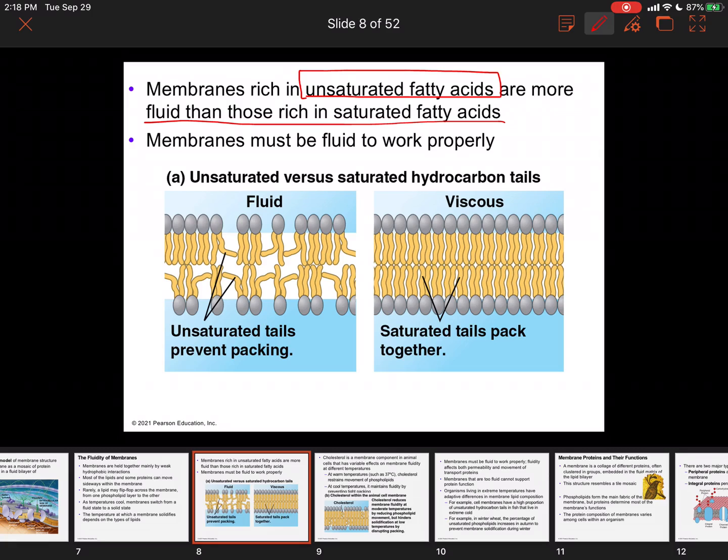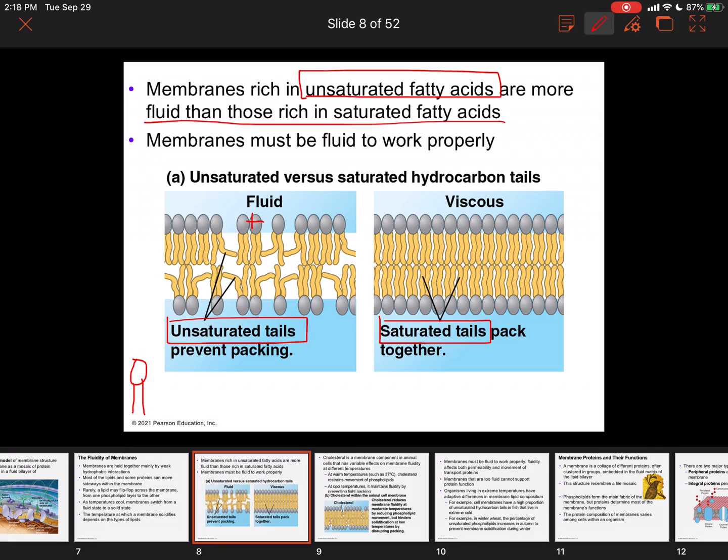And so let's look at the difference here and what our cell membranes would look like if we used unsaturated tails versus saturated tails. With the unsaturated tails, remember a phospholipid has these phosphate heads up here on the top, and then they've got, I'll just draw a little one out here, two fatty acid tails.